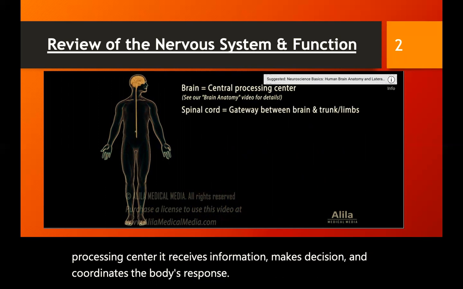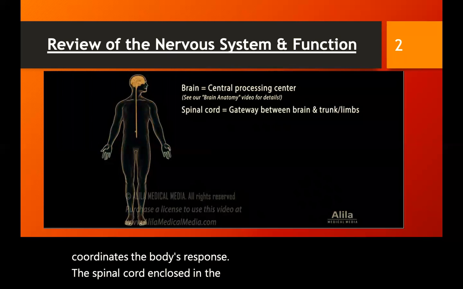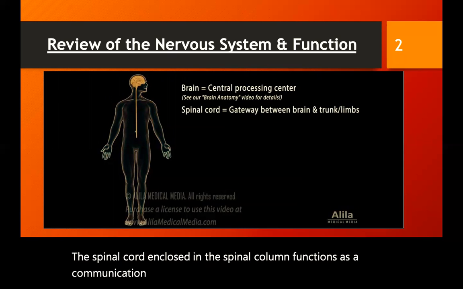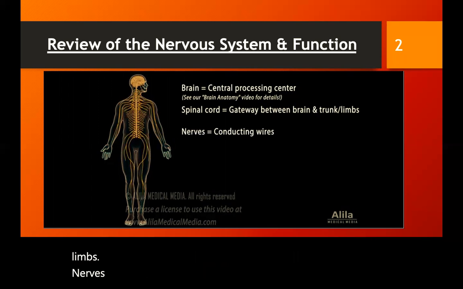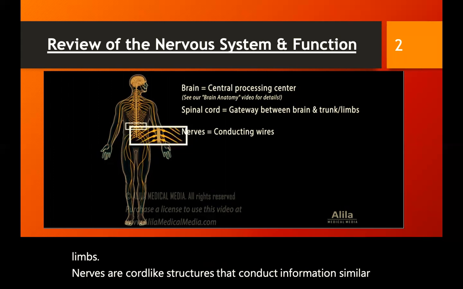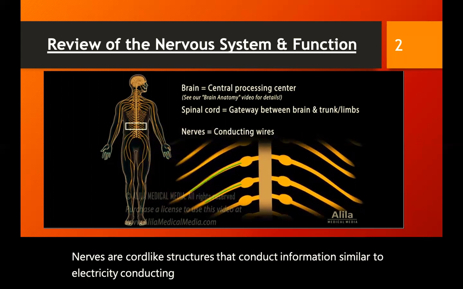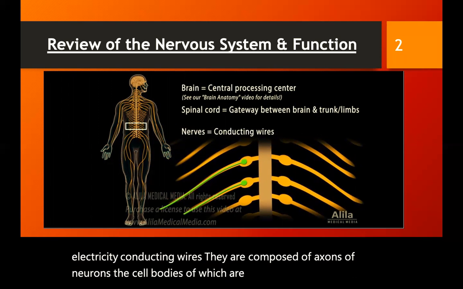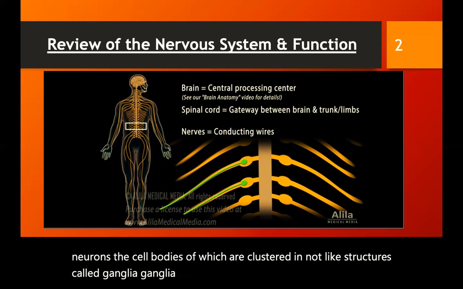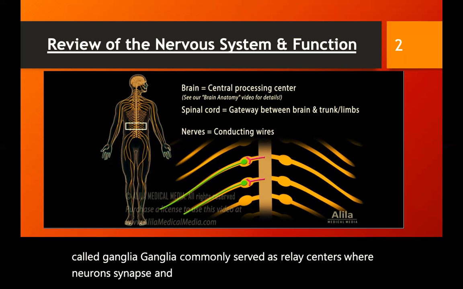The spinal cord, enclosed in the spinal column, functions as a communication gateway between the brain and the trunk and limbs. Nerves are cord-like structures that conduct information, similar to electricity conducting wires. They are composed of axons of neurons, the cell bodies of which are clustered in knot-like structures called ganglia. Ganglia commonly serve as relay centers, where neurons synapse and transmit information to each other.